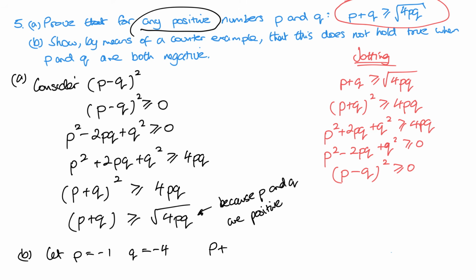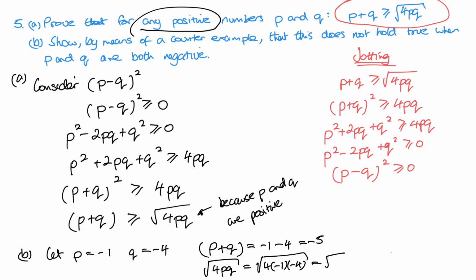So now I can see that p plus q is equal to -1 minus 4, which is -5, and the square root of 4pq is the square root of 4 times -1 times -4, which is the square root of 16, or 4. We can see that these two are not the same, so therefore this statement is incorrect or untrue.